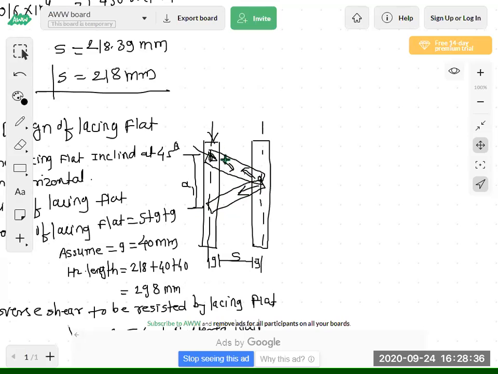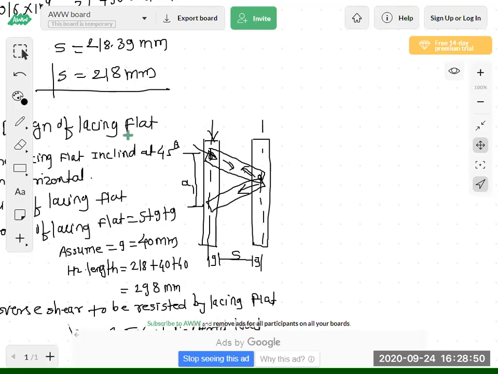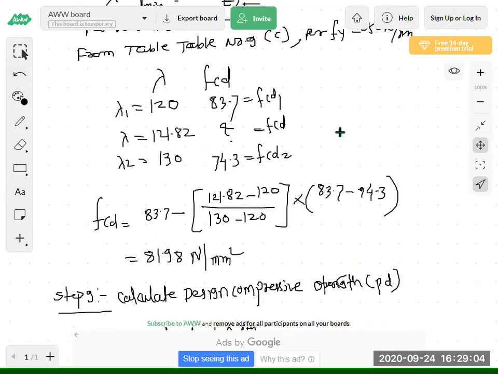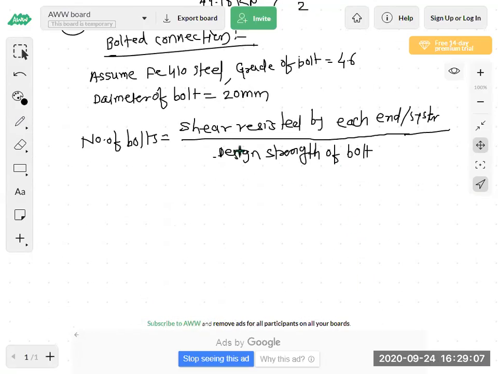So the total 2.5% transverse shear is resisted, but each end resisted by VT by 2. जेवढा ट्रान्सफर शियर इथे येणार आहे त्याचा अर्धा लोड या एंडवर जाणार आहे, अर्धा लोड या एंडवर जाणार आहे. So it means VT by 2 is the load coming on this joint. या joint वरती VT by 2, या joint वरती VT by 2. So that here shear resisted by each end means VT by 2.